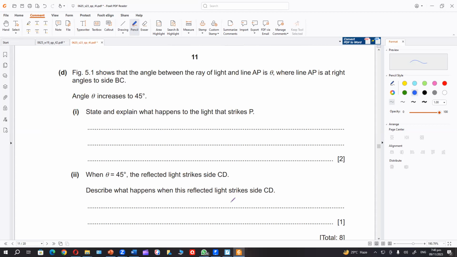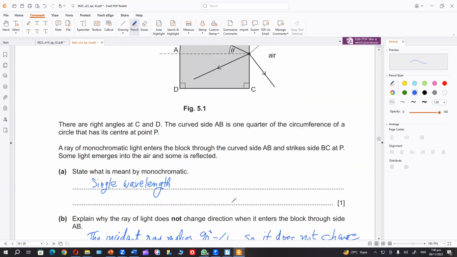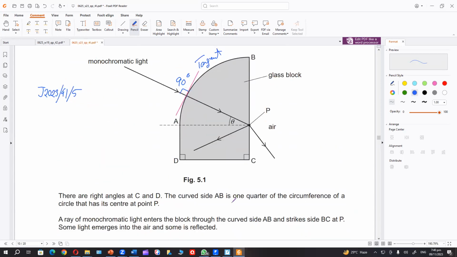The figure shows that the angle between the ray of light and line AP is theta, where line AP is a straight line. AP is at right angles to side BC. Angle theta increases to 45. Look at the angle theta.